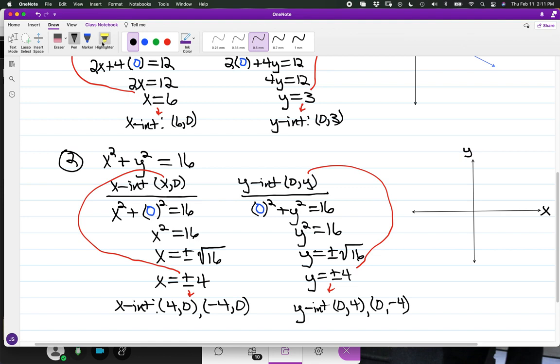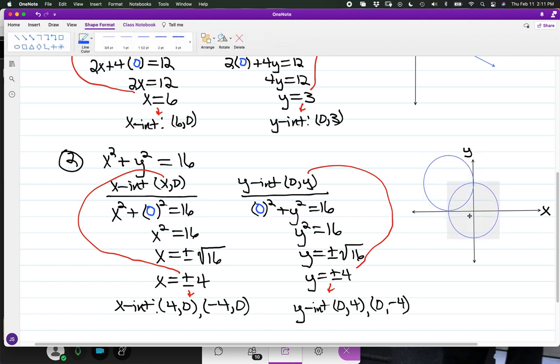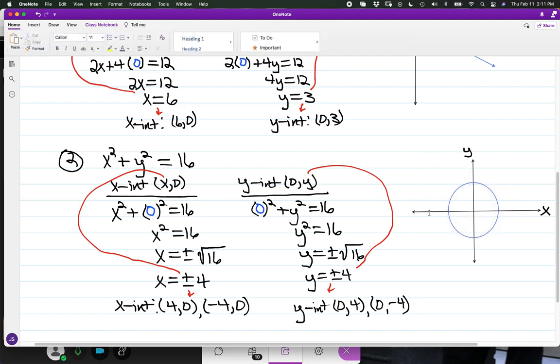Okay, and so for the figure in this one, that's going to be a circle with a radius of 4.